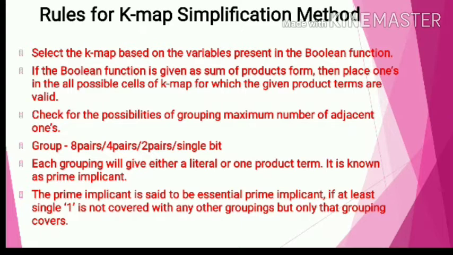Each grouping will give either a literal or one product term. It is known as a prime implicant. The prime implicant is said to be an essential prime implicant if at least a single one is not covered by any other grouping, but only that grouping covers it.